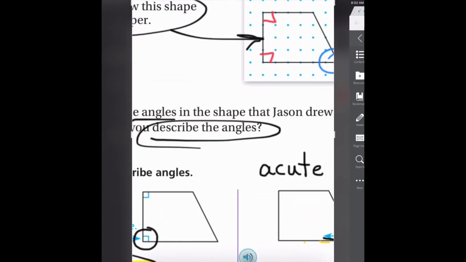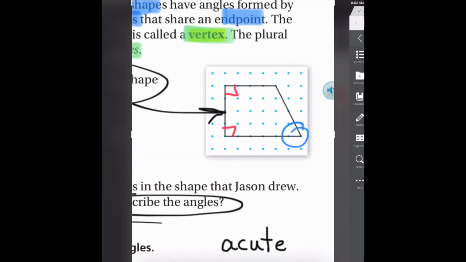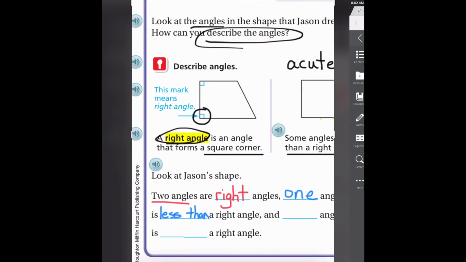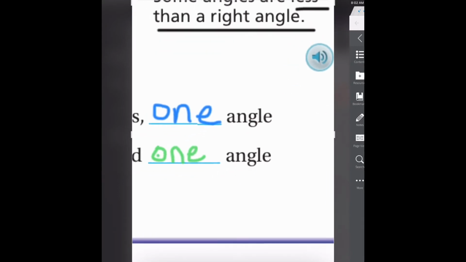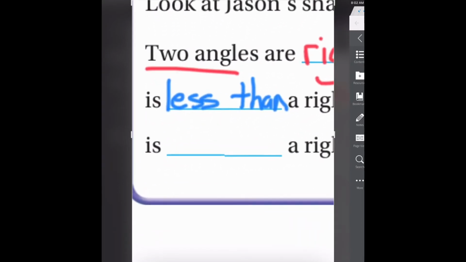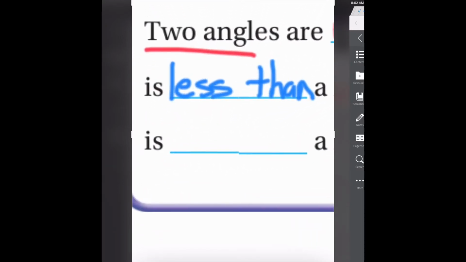And then we have one more angle, this guy right here, that is greater than a right angle. So, whoops, sorry about that. We have one angle that is more than or greater than either one.